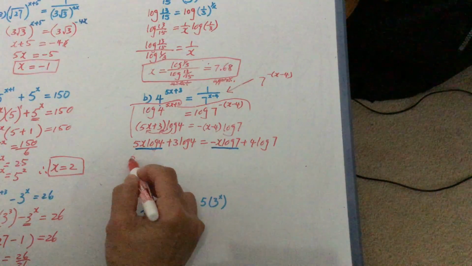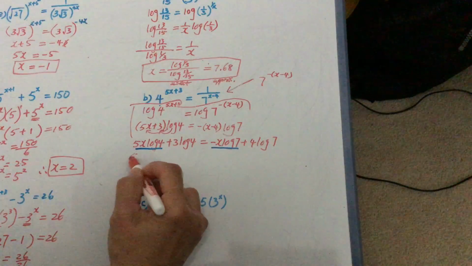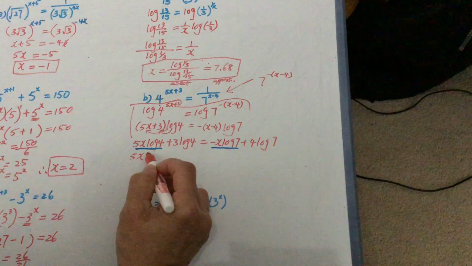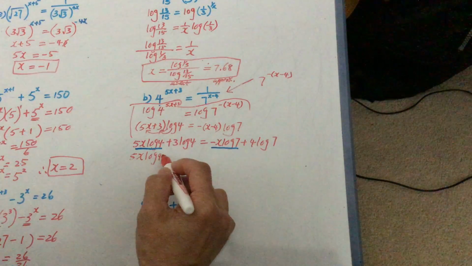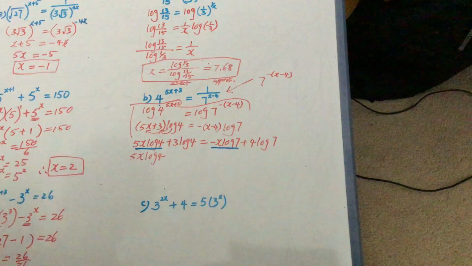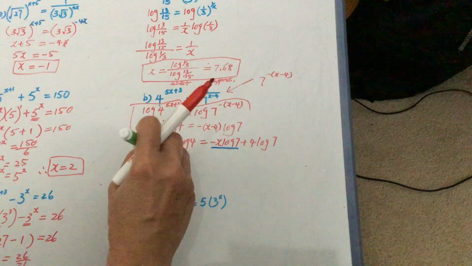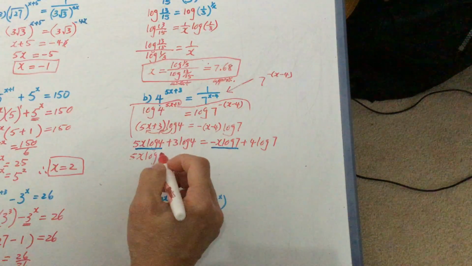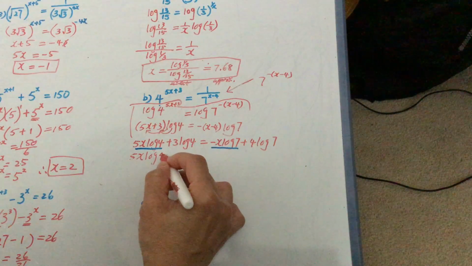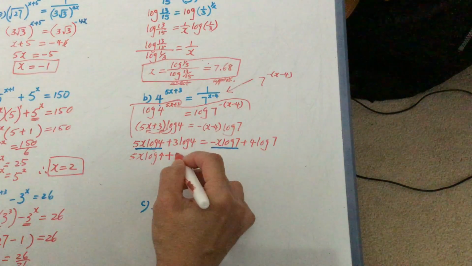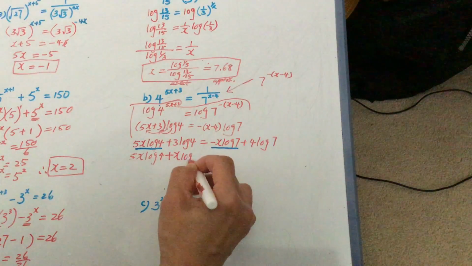I'm going to put all the x terms on one side. So I have 5x times the log 4, and then plus x times the log 7.